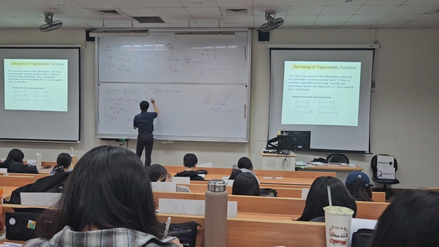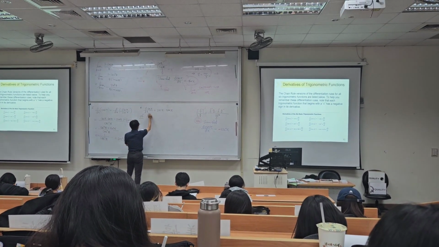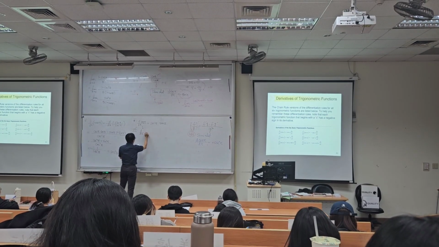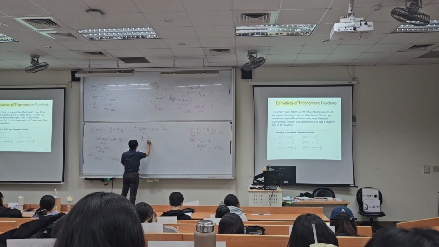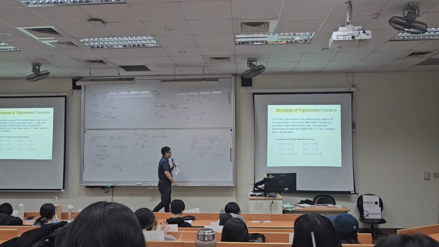Okay. Secant is equal to 1 over cosine x.